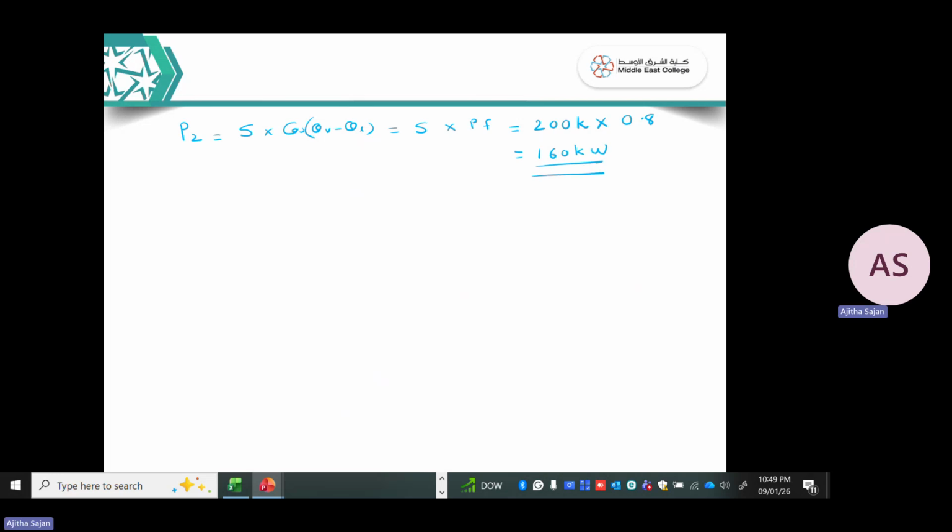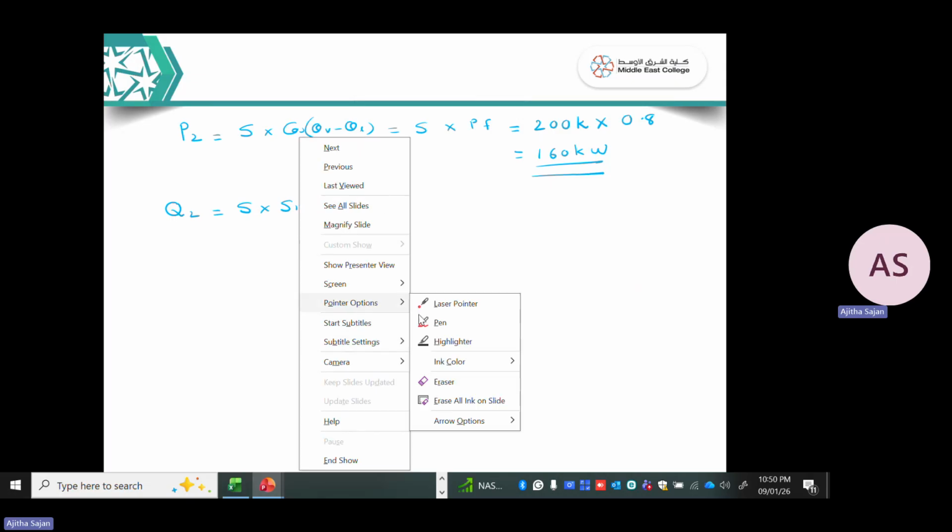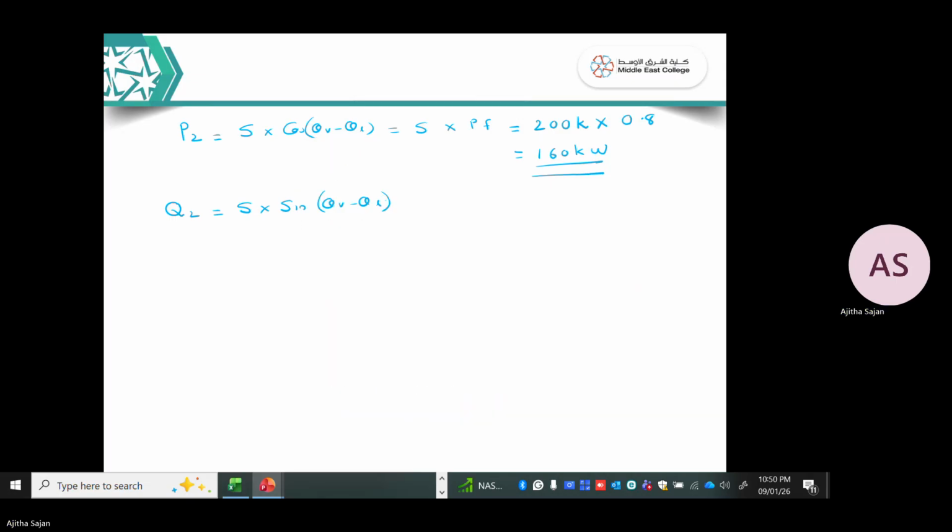Okay, so the next step is you need to calculate Q2. Q2 is equal to S into sine(theta V minus theta I). But you don't know what theta V minus theta I is, but you are aware of the power factor. You have been given the power factor as 0.8, that is nothing but cos(theta V minus theta I), so cos(theta V minus theta I) should be equal to 0.8.